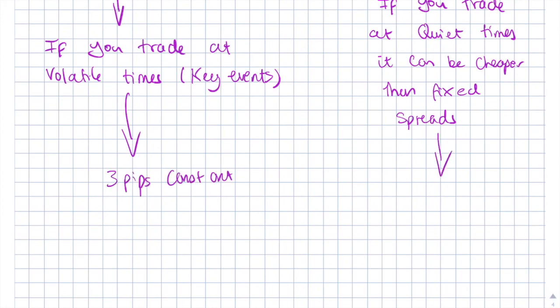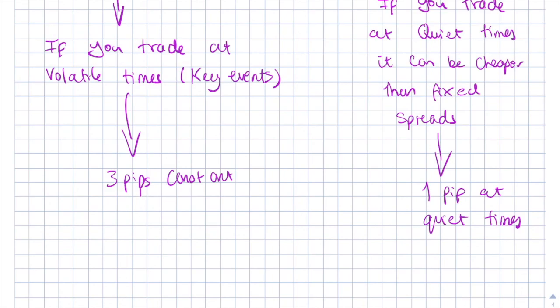But you have a variable spread, which at volatile times is very high, but at quiet times is only 1 pip per transaction. So if you're trading in quiet times, it will be very ideal for you to take the broker who provides a variable spread.